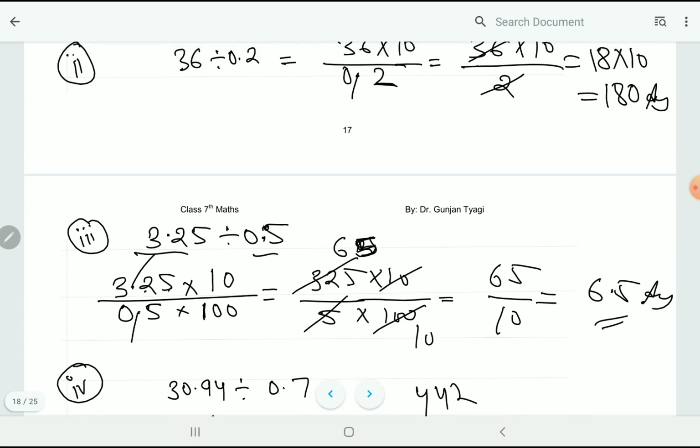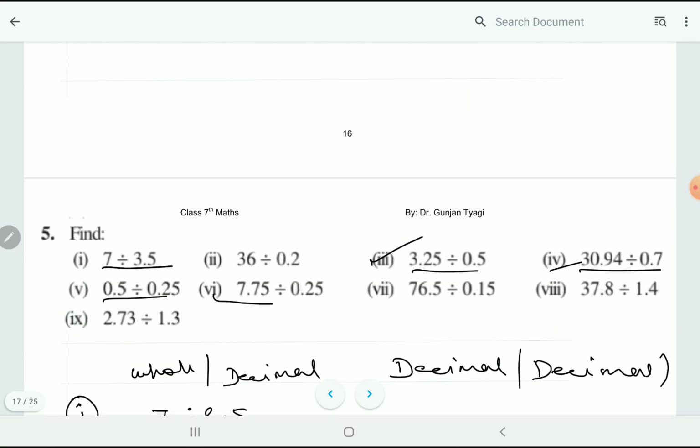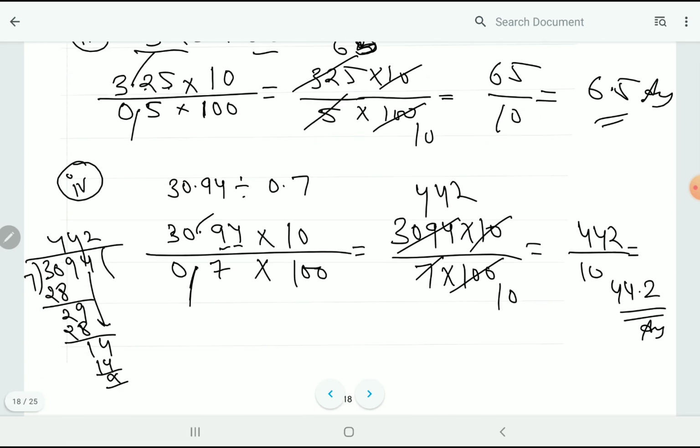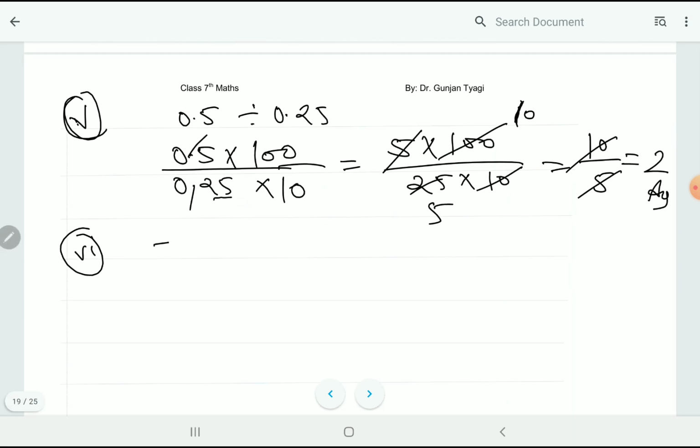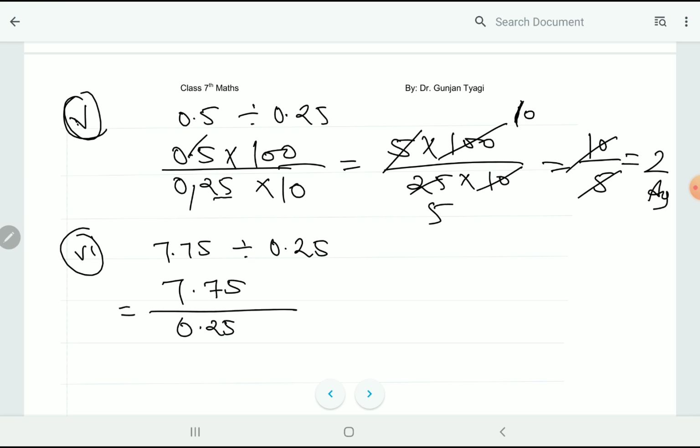Next part, the sixth part of the same question, is 7.75 divided by 0.25. I will tell you a trick here.